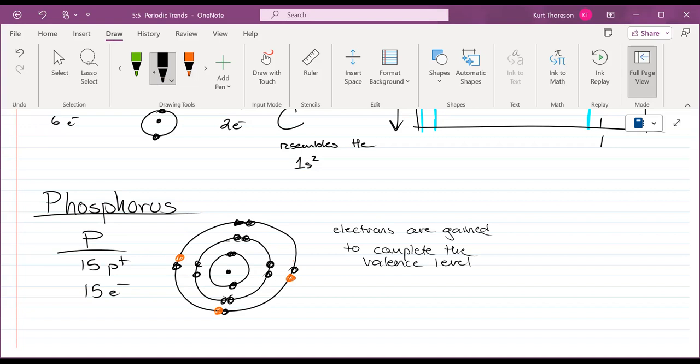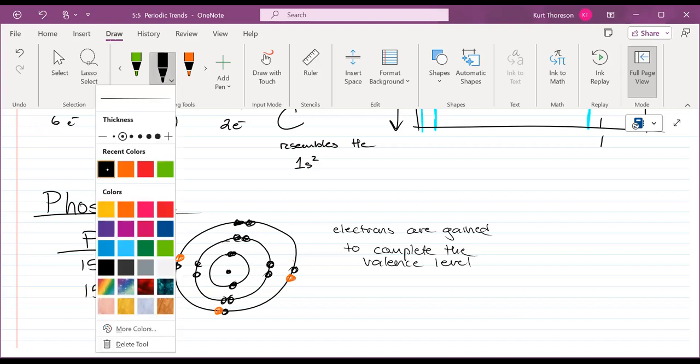So Ava has just completed the third energy level. Ava, how many electrons does phosphorus now have in its valence level? 8. Is it stable? Yes. Can you count how many total electrons it now has? 18. So look what I'm about to do. Watch the screen.